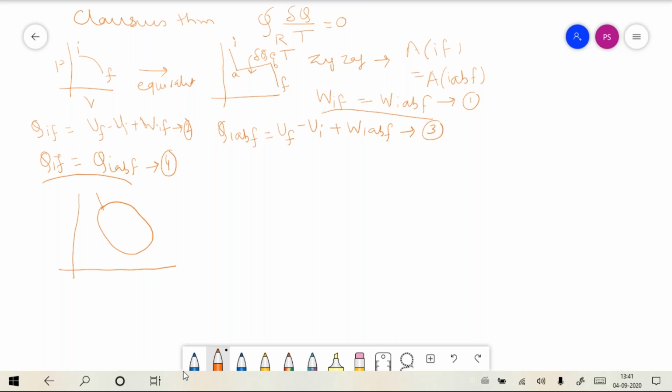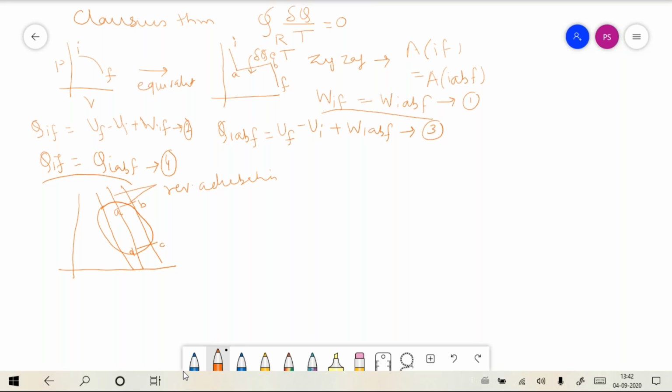You can draw in your notebooks very small slices, wherein they are on the sides covered by reversible adiabatics, and they are topped by reversible isotherms.